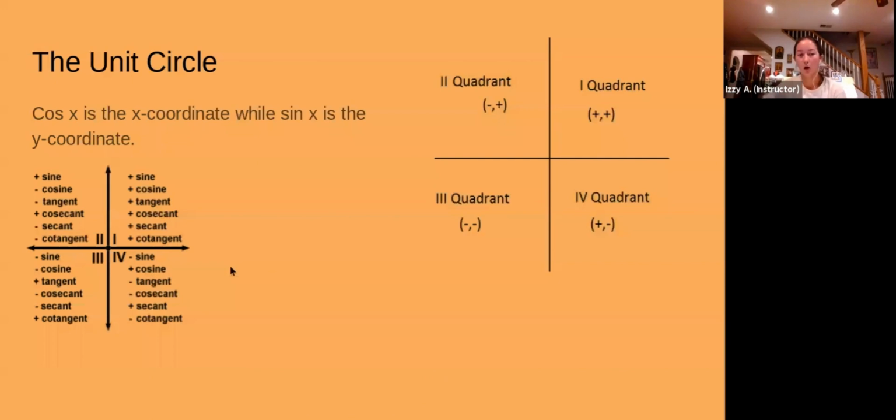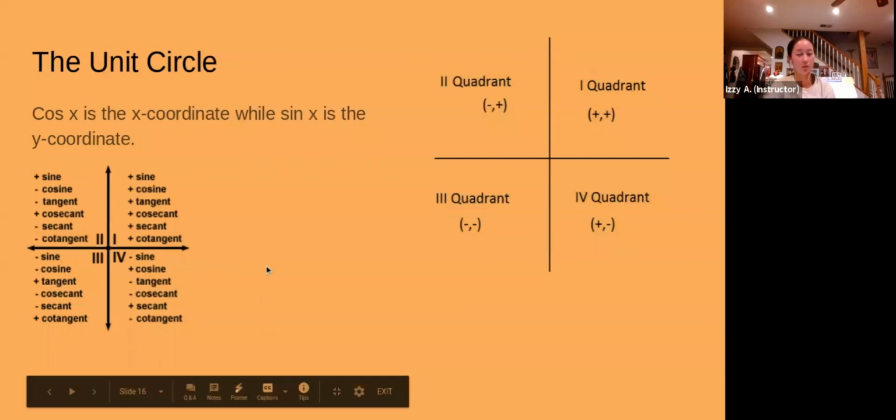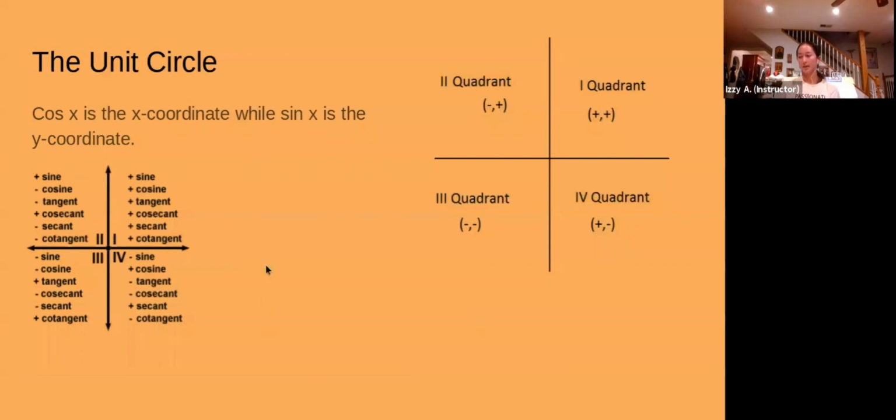So tangent would end up equaling a negative value, and same thing with cotangent. So you don't have to memorize the different signs. You can figure them out based off of where the point is located, and then knowing the different relationships between these 6 trigonometric functions, you can figure out, oh, tangent's negative, or oh, cosecant's positive.